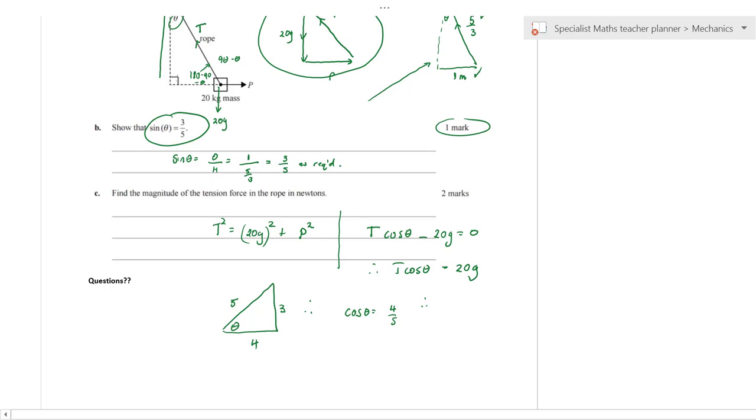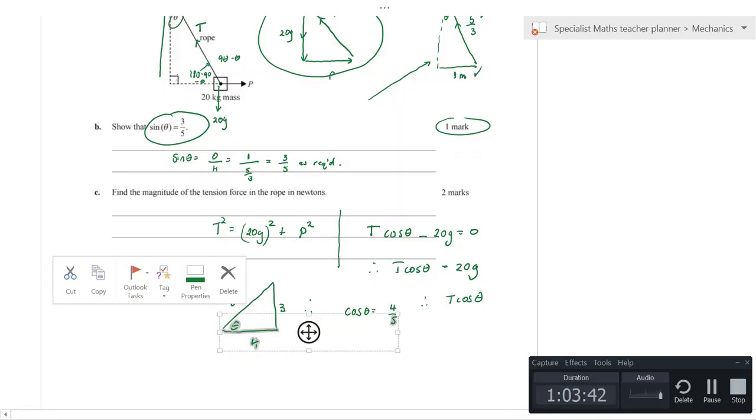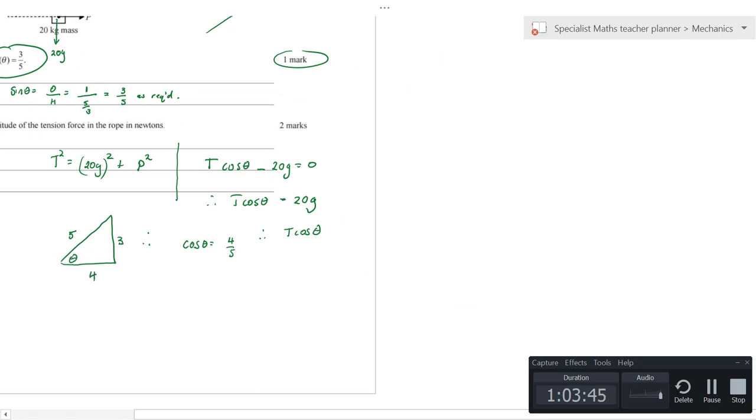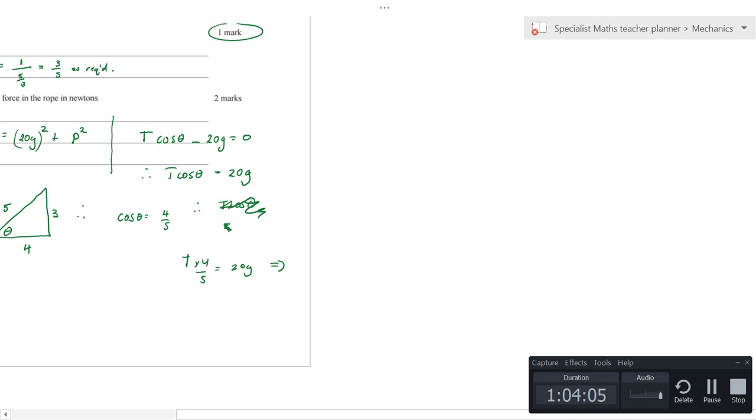So therefore we can say that T cos theta is equal to T times 4 on 5 is equal to 20g, which implies 100g over 4, 25g. No need to write newtons. That's perfectly fine.